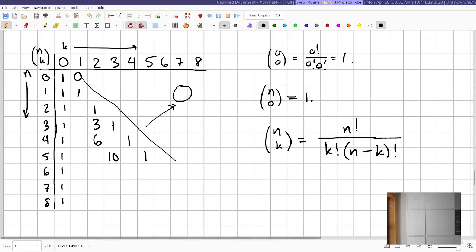Noticing a pattern there. 2, 1 is 2, okay.